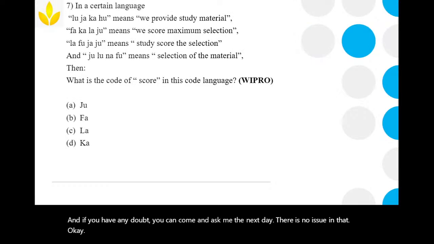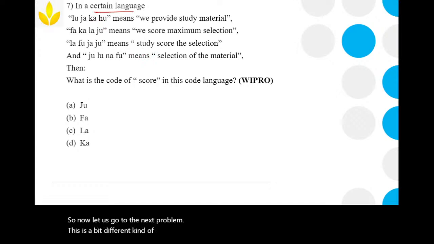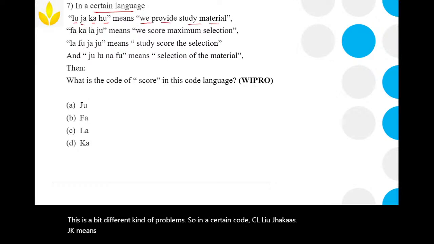Well, now let us go to the next problem. See here, this is a bit different kind of problem. So in a certain code, LUJAKAHU means we provide study material.